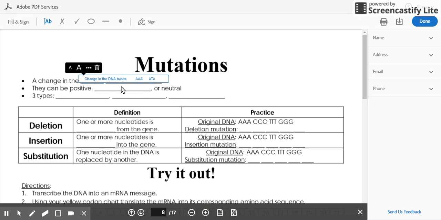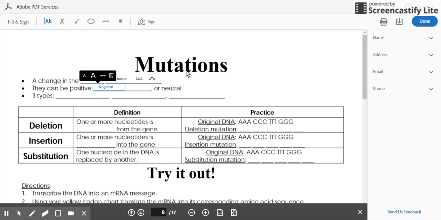Mutations can be positive, so this change could give you some type of advantage. Mutations can be negative. For example, some mutations can give you cancer, or mutations can be neutral. As long as it makes the same amino acids, then your mutation has no effect on you.